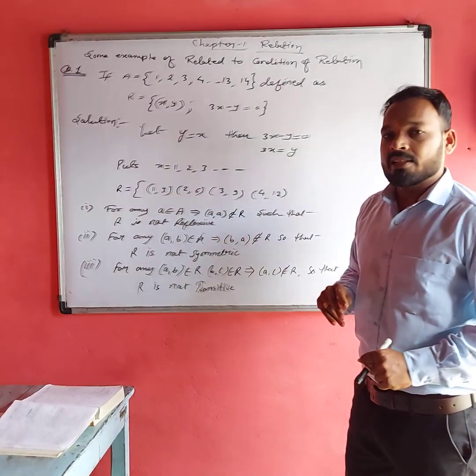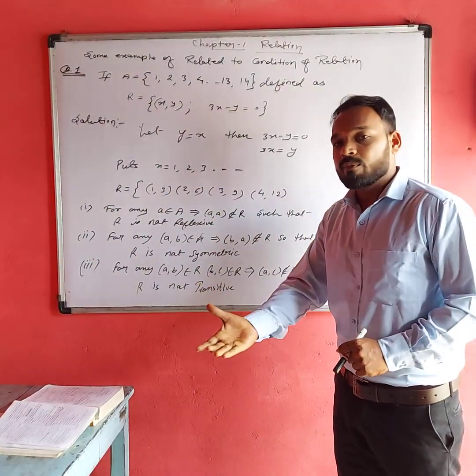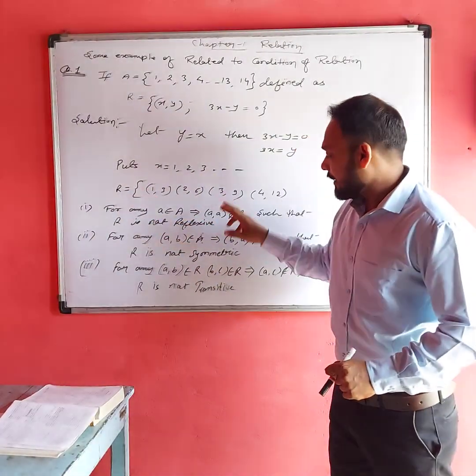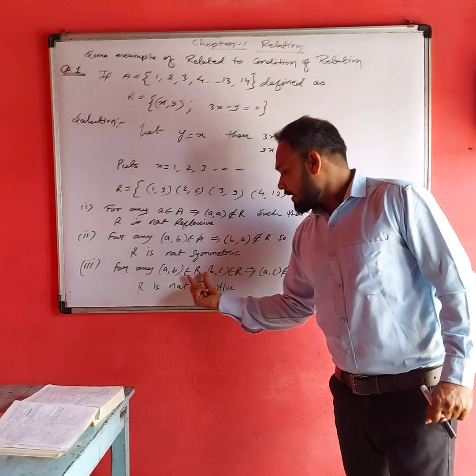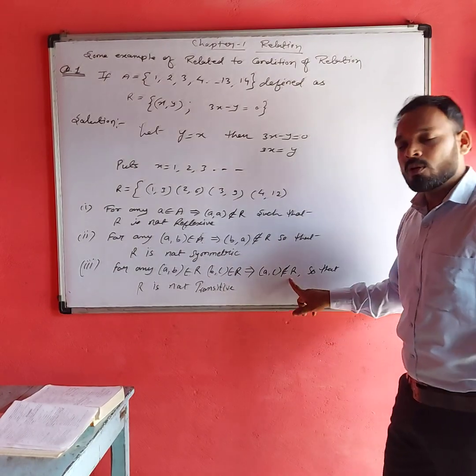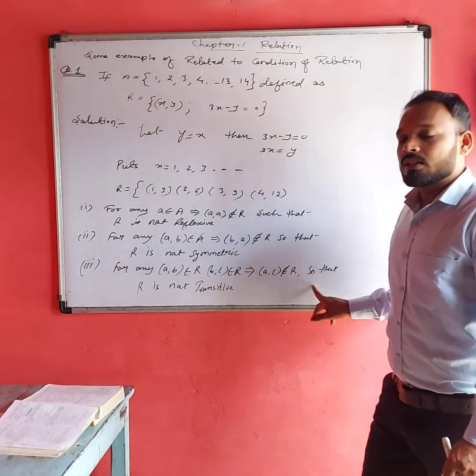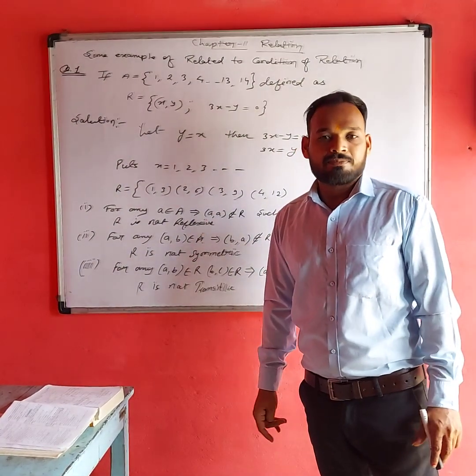Then the last pair (a, c) we get is (1, 9), but this is not in R. So for (a, b) belonging to R and (b, c) belonging to R, (a, c) does not belong to R. So R is not transitive.